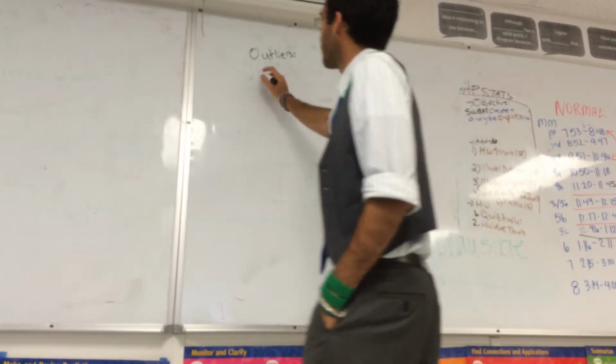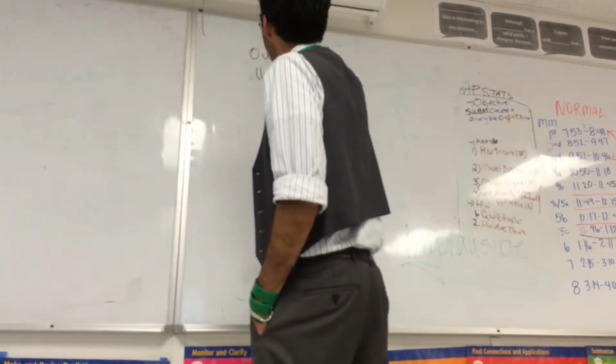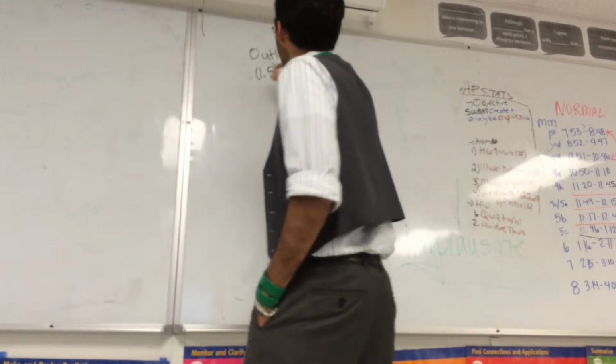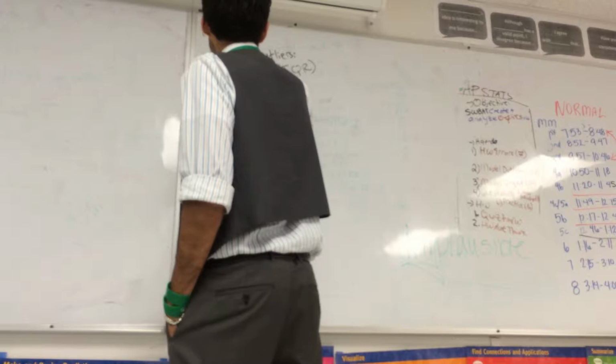Okay, so outliers, all you're doing is 1.5 times IQR and Q3 plus this or Q1 minus this.